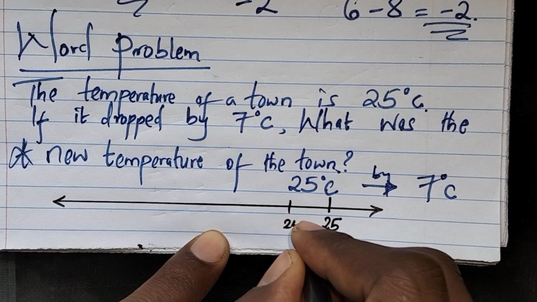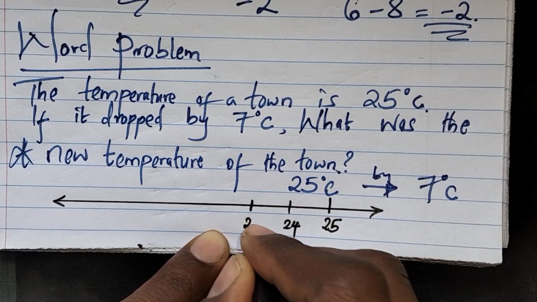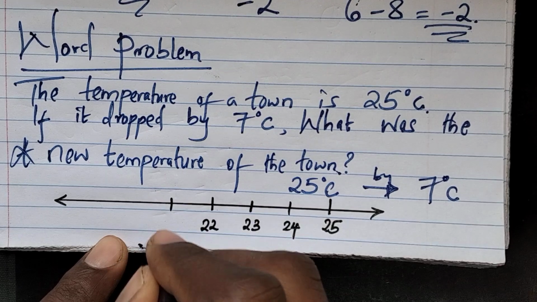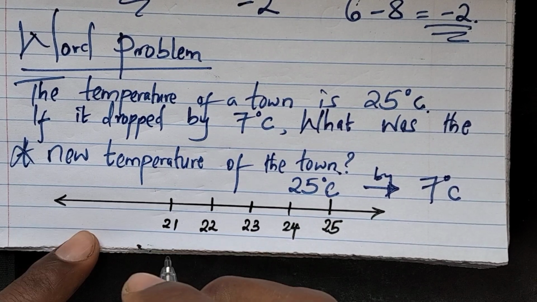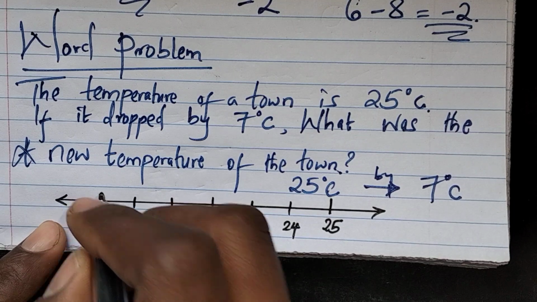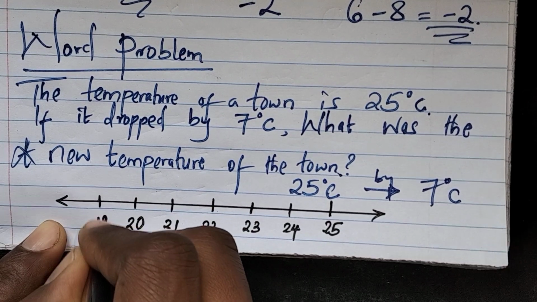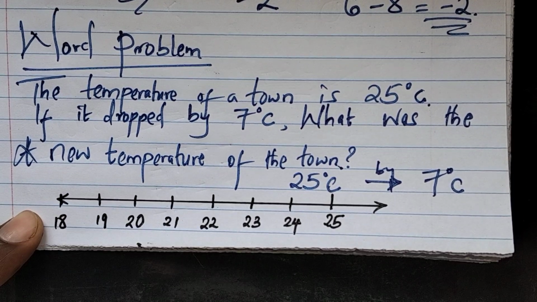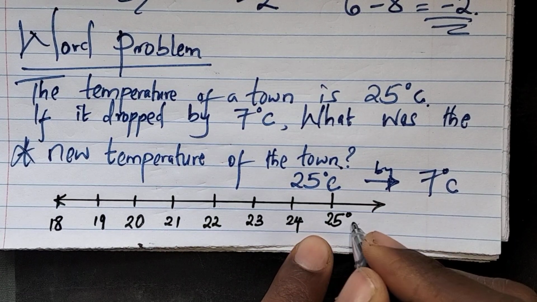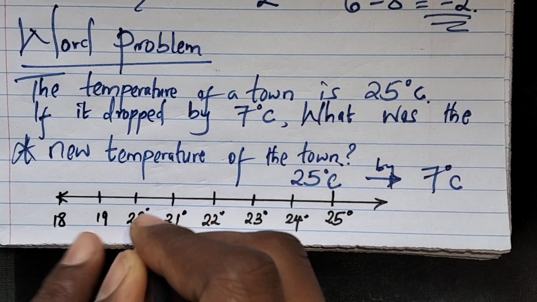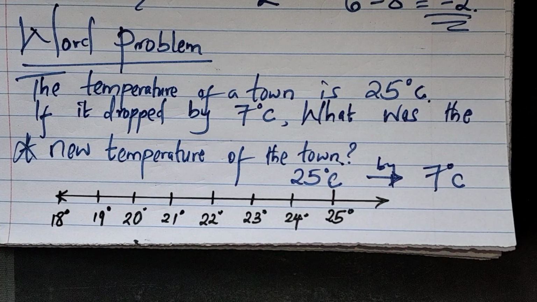Then 24, 23, 22, 21, 20, and probably 19, and maybe 18. All these are degrees, and as usual, these are positives.